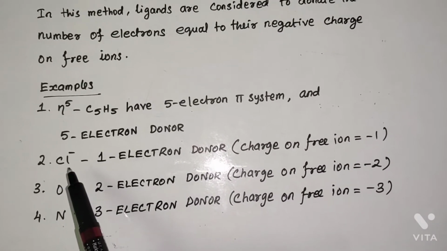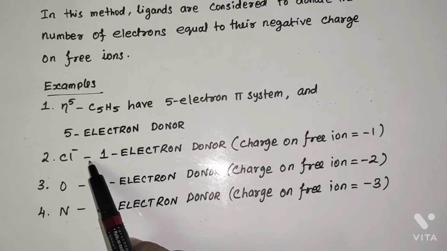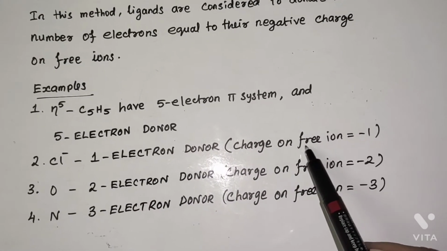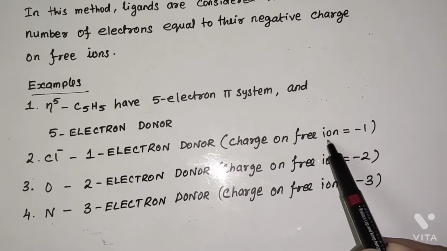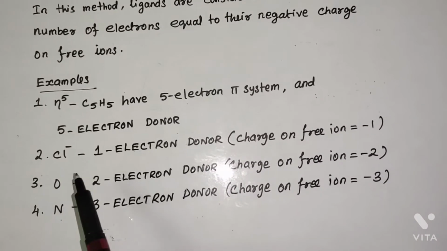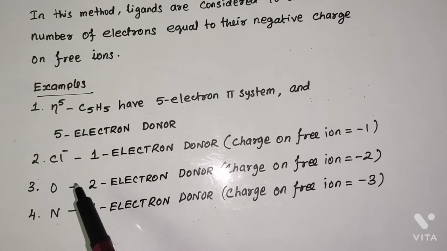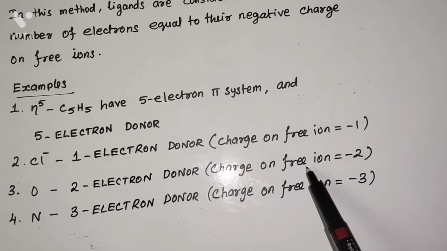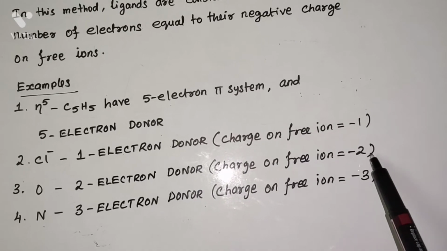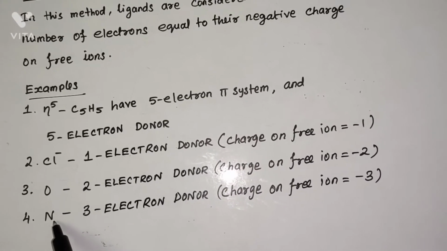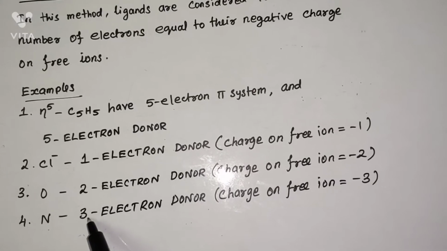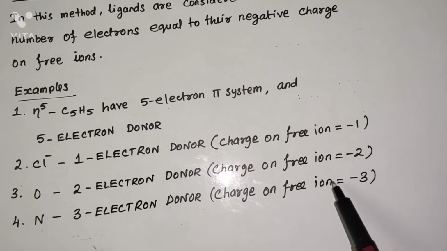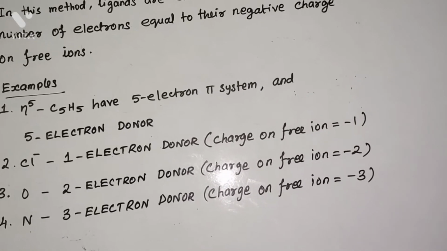Next, chlorine Cl is a 1 electron donor, because the charge on the free ion is -1. Third, the oxygen atom is a 2 electron donor, charge on free ion is -2. Fourth, the nitrogen atom is a 3 electron donor, charge on free ion is -3.